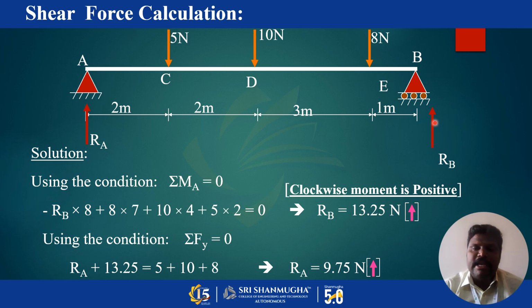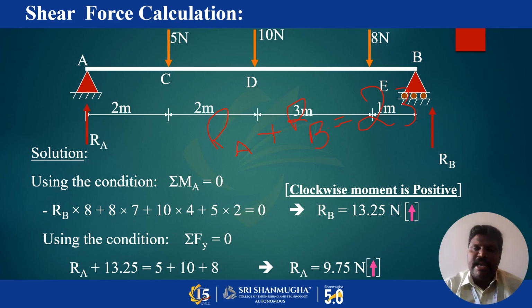It is about 13.25 Newton, and it is positive. So already we have calculated RA. From the summation of vertical force, the downward force is equal to the upward force, 23.